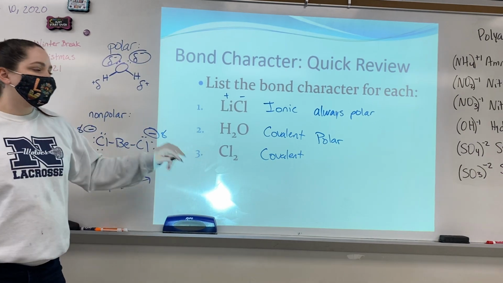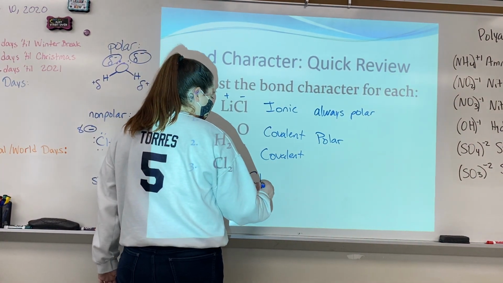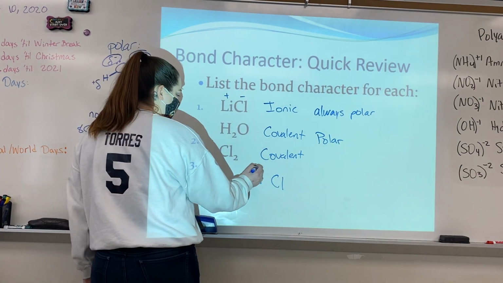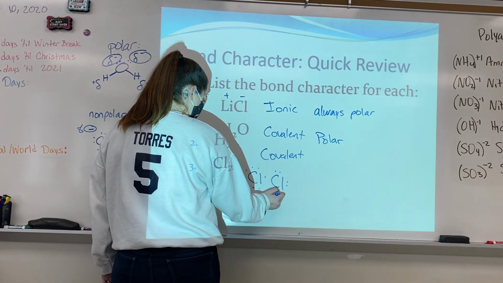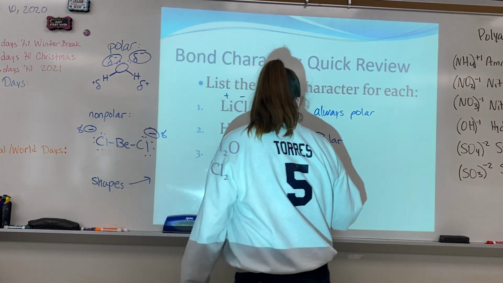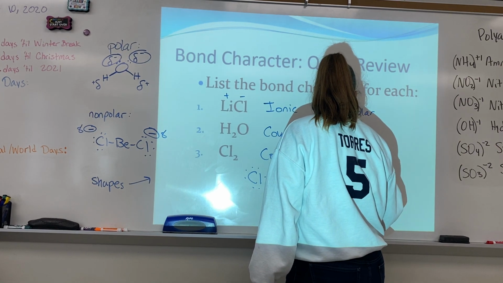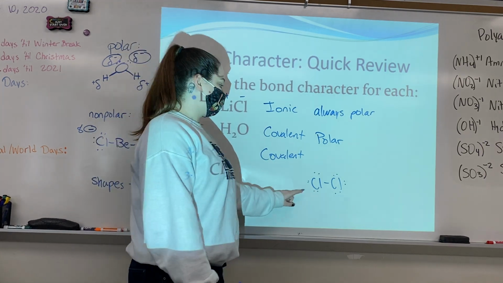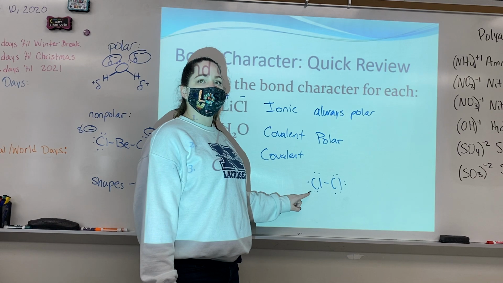And now we need to figure out, is Cl2 polar or non-polar? If we have two chlorines, chlorine has 7 valence electrons: 1, 2, 3, 4, 5, 6, 7, and 1, 2, 3, 4, 5, 6, 7. So if I have this, do I have a polar substance or a non-polar substance?